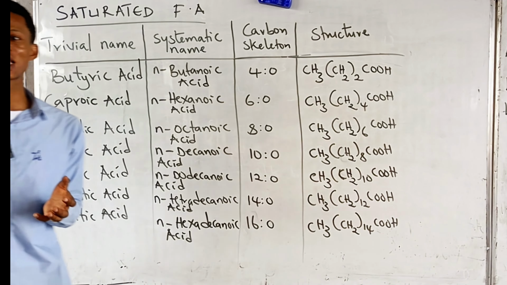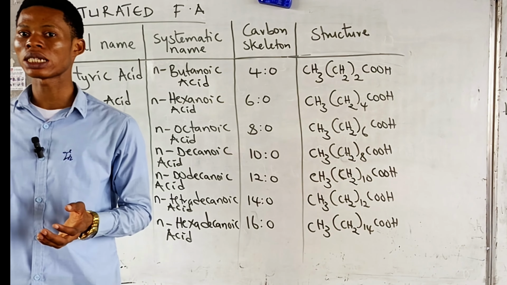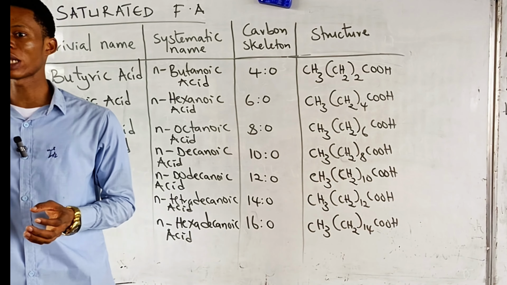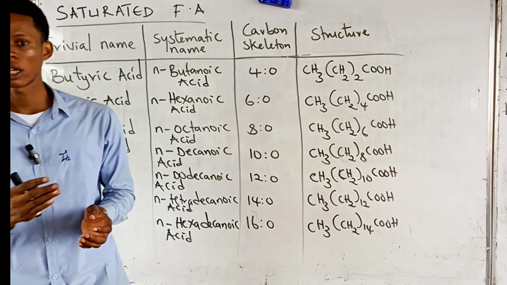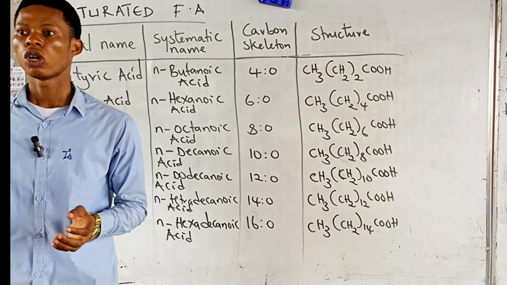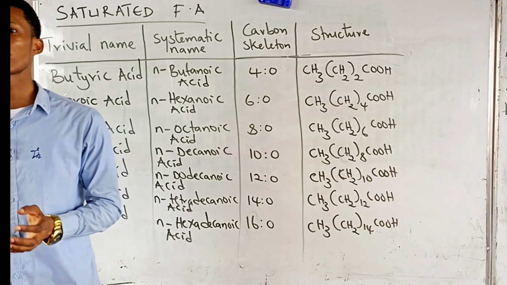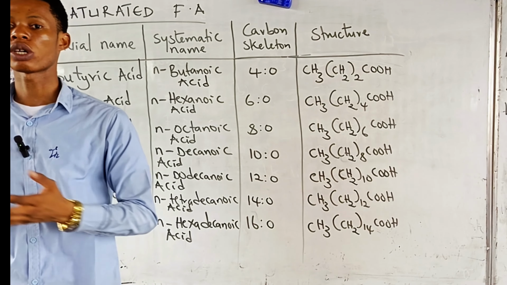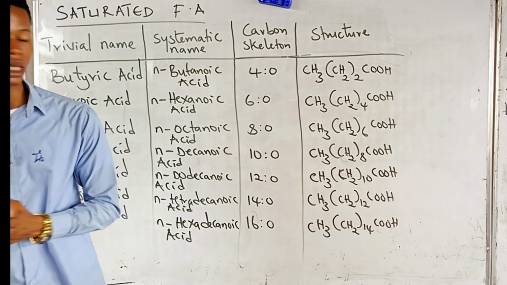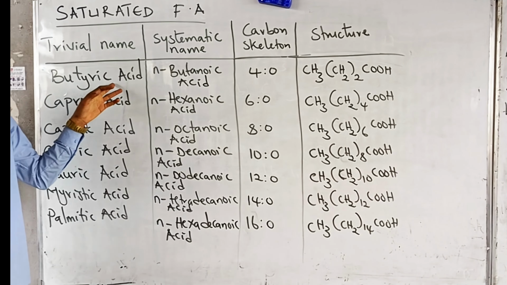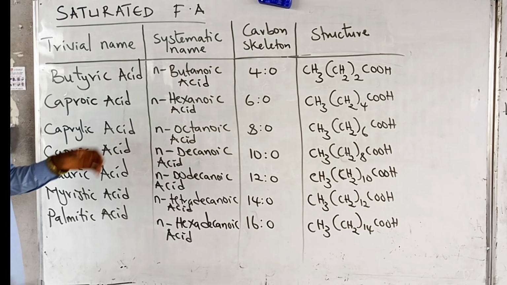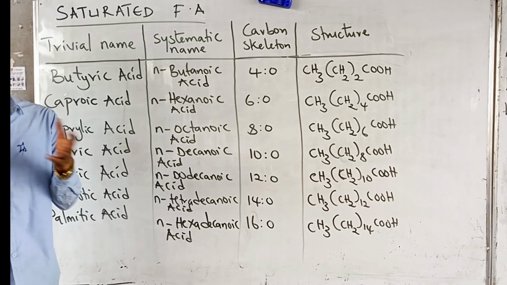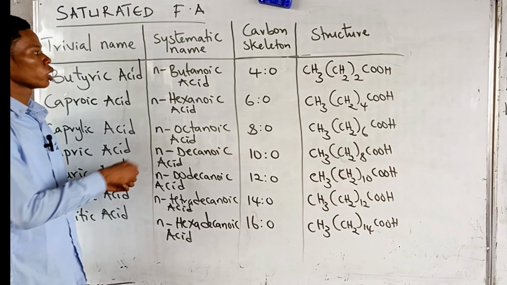Now, any saturated fatty acid that has fewer than 10 carbon atoms, we call it what? Lower fatty acids, while those that have more than 10, we call them what? Higher fatty acids.